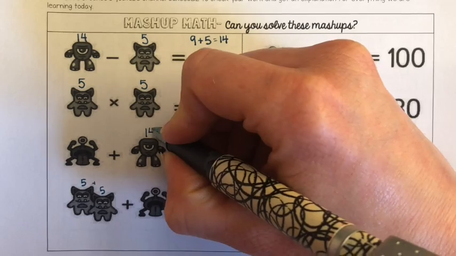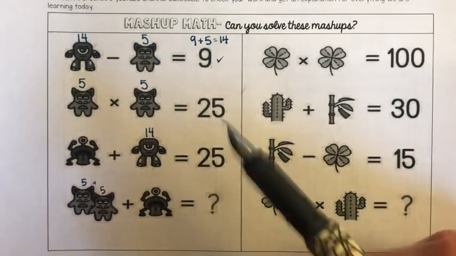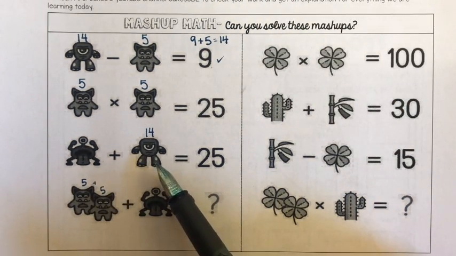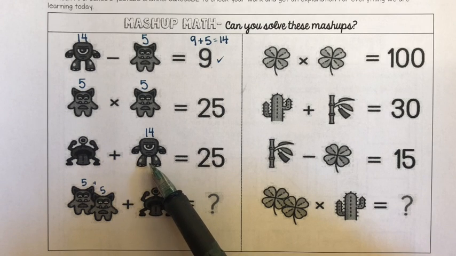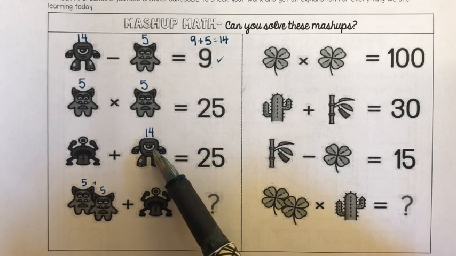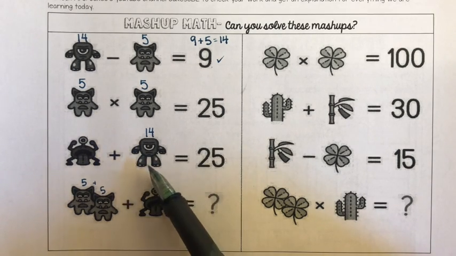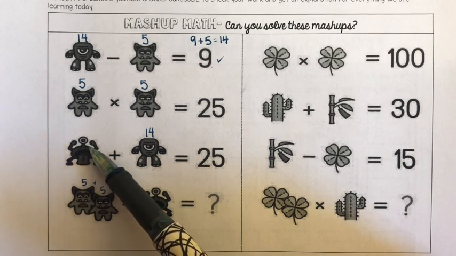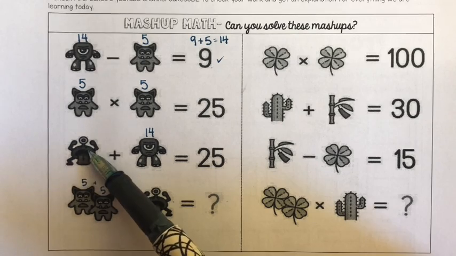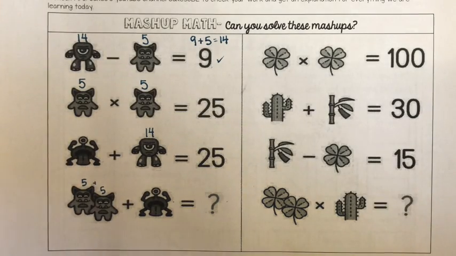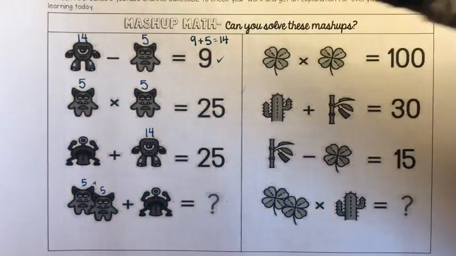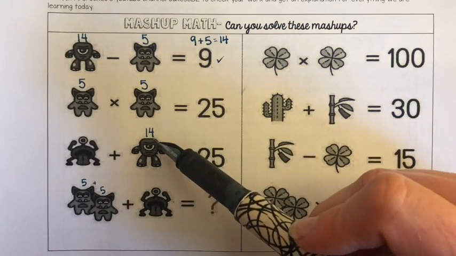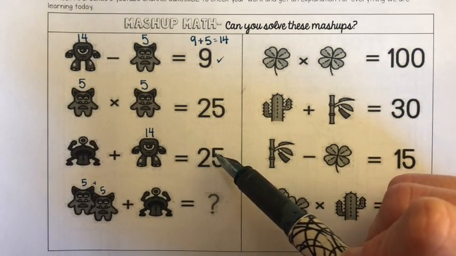Now I look over here. Okay, so I know this guy is 14, this unique looking dude, and on this side is 25. So we have to find out what you add to 14 to get to 25. And so you have to find the difference between 14 and 25. To do that, you could count up from 14, or you could do 25 subtract 14.